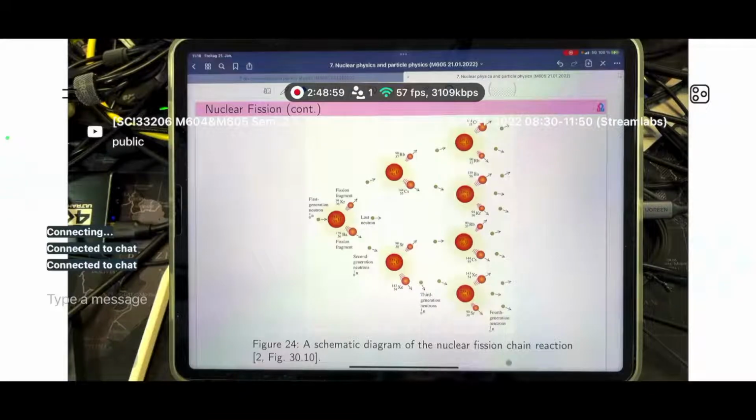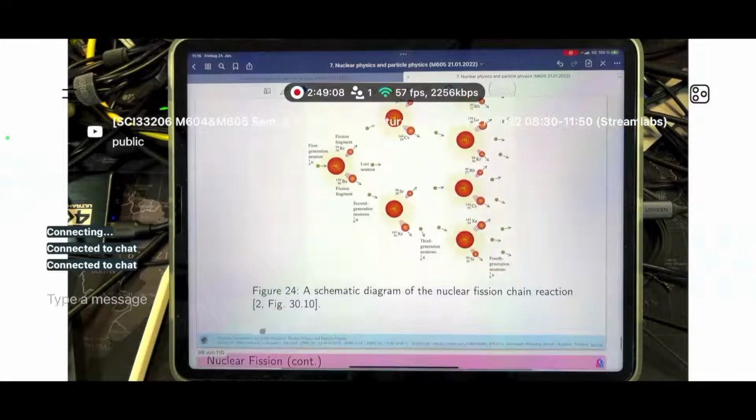It's called chain reaction, and this is nuclear fission. So we say nuclear fission, chain reaction, taken from book number 2.